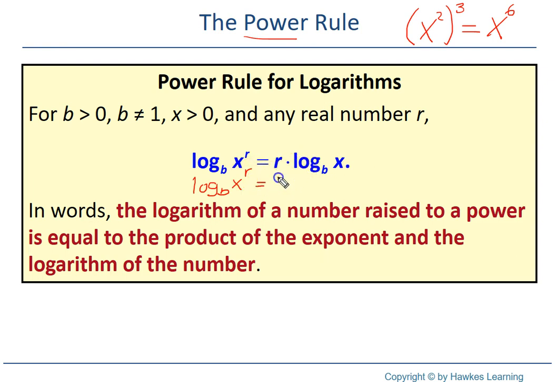So the exponent goes to the front, and this would be log base b of x. So when it's in this form, and notice the b and the x are different, so we don't use that rule 4 that we've used earlier. We want to convert this to its expanded form. The exponent goes out in front. All right, let's see some examples of this here.